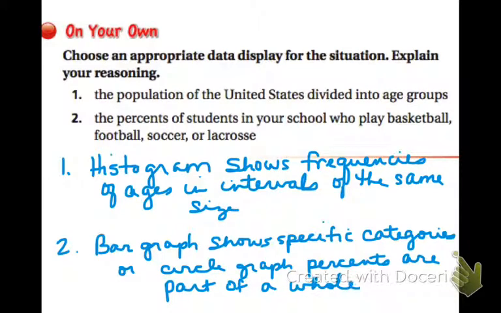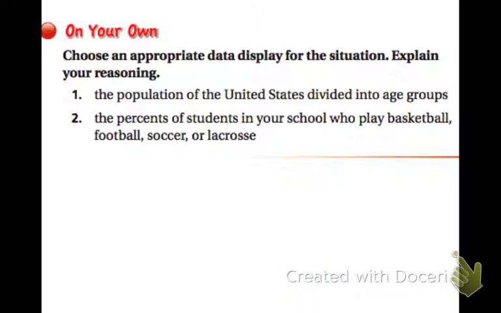So when you're comparing them to the whole student body, you could see maybe the percent of students participating in each of the sports. Remember that the data displays are helping us to make the data more easily interpreted visually.